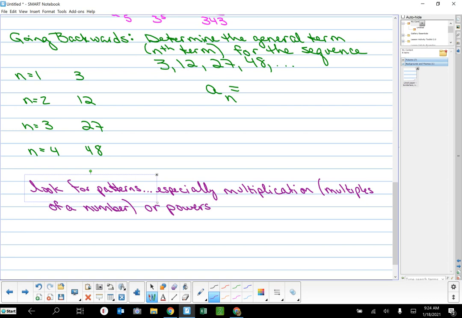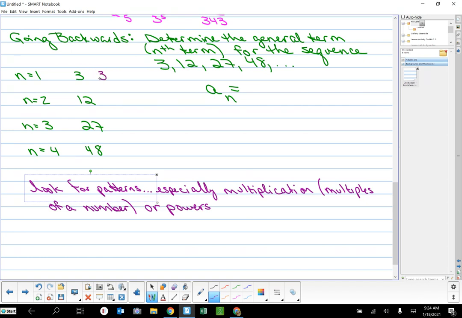And what I notice going back to these values, 3, 12, 27, and 48, is that they are all multiples of 3 somehow.